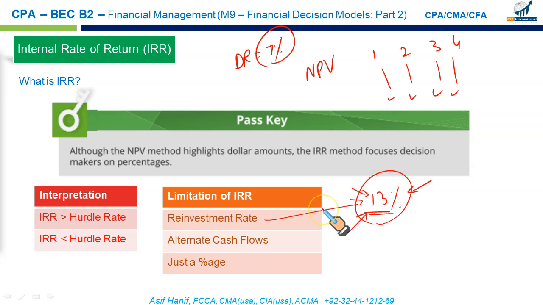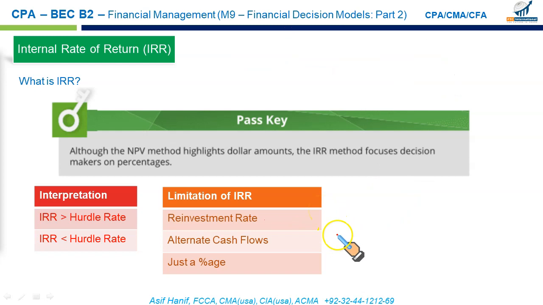Secondly, IRR is the rate at which the present value of inflows is equal to your initial investment, or the present value of outflows, right? That makes sense. So ideally, you should expect a single rate like 11% or 15%. But unfortunately, if your cash flows are unconventional, meaning maybe you have an outflow in year 1, inflow, then outflow, then inflow, then outflow, these are called unconventional cash flows.